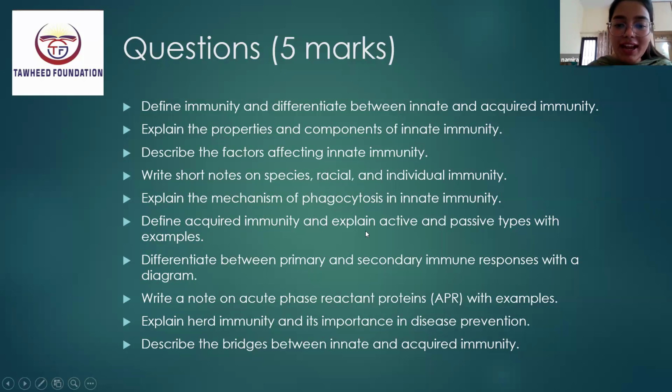Define acquired immunity and explain its active and passive types with examples of each. Differentiate between primary versus secondary immune responses with a neat labeled diagram. Write a note on acute phase reactant proteins, that is APR, with suitable example. Explain herd immunity and its importance in disease prevention. And last, describe the bridges between innate and acquired immunity, and why it is important.